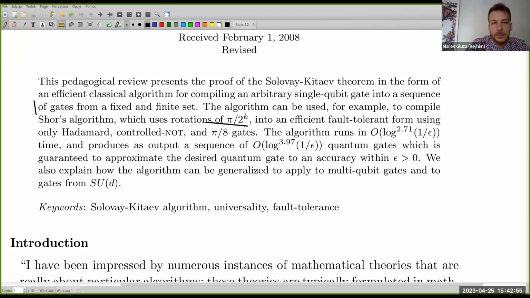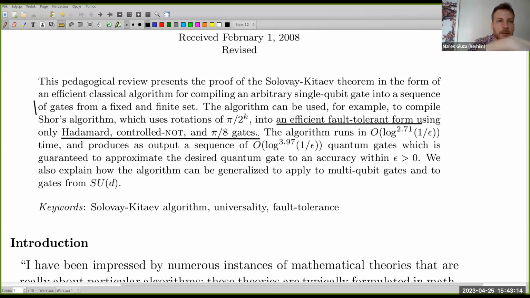Shor's algorithm will use controlled rotations or controlled unitaries, and then the Fourier transform, where we need angles. And if we want to make it a fault-tolerant algorithm, then for typical codes, you would only have this gate set.